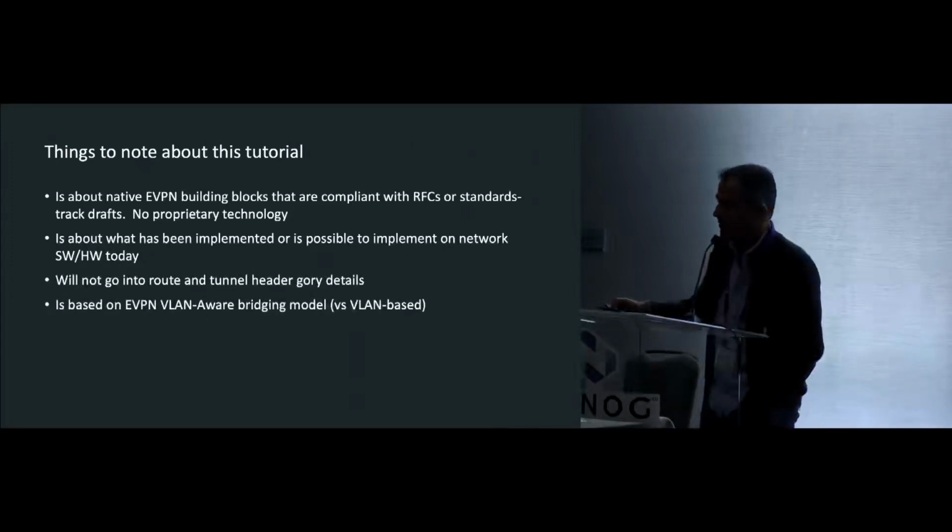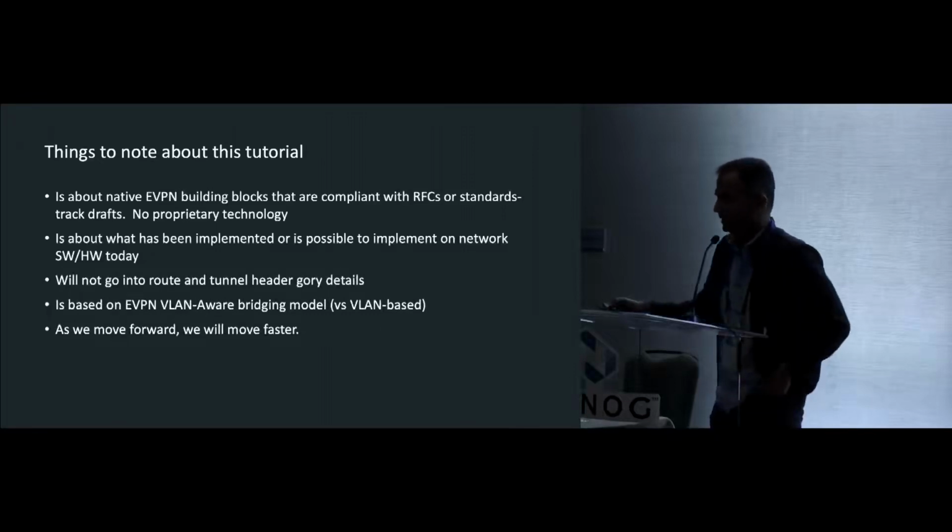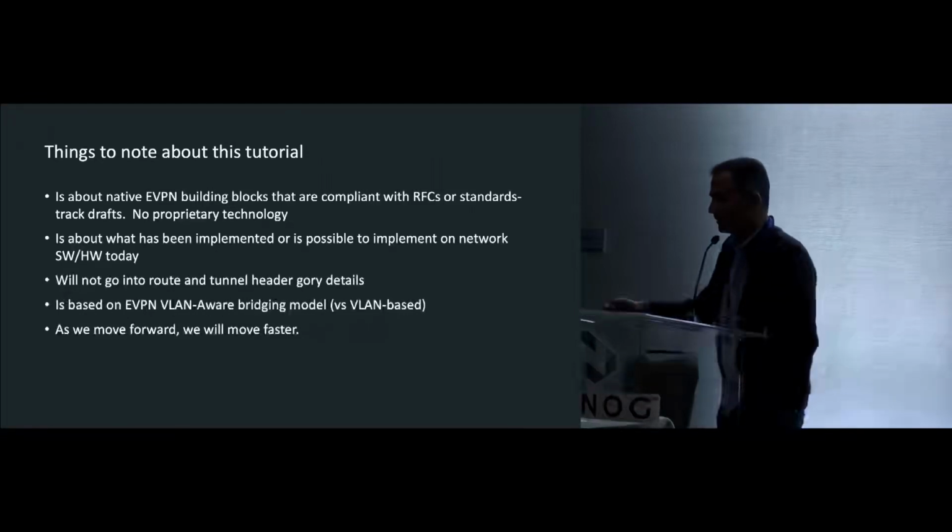The VLAN-based model with EVPN you could consider a subset of the VLAN-aware model. It's a VLAN-aware model with one VLAN and a few very minor procedural differences. As we move forward, we'll probably be moving at a really fast clip, so hopefully I'll keep you guys engaged.